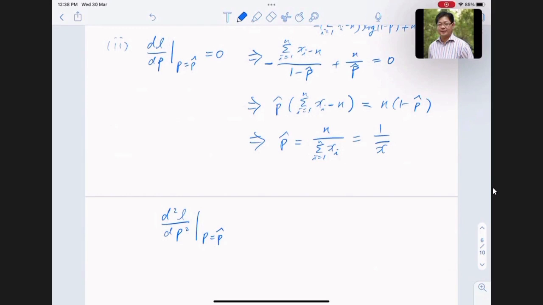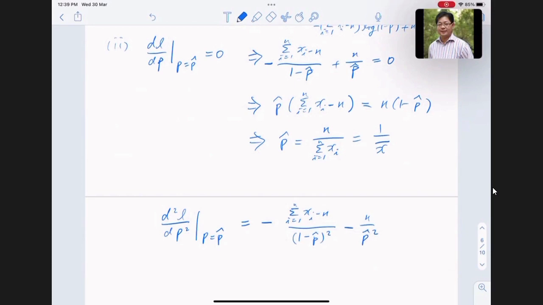So we differentiate the first derivative, which is this part. We differentiate this one more time. Now, this is the second derivative, and we need to check whether it is negative.